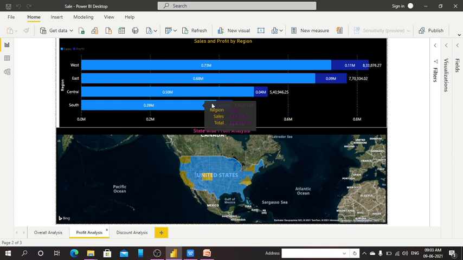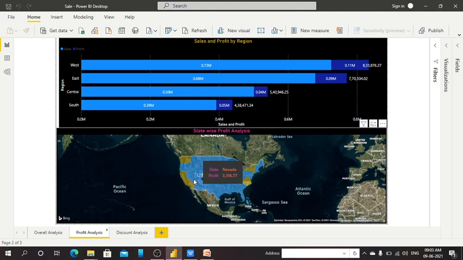And next I have done a state-wise profit analysis. New York and California are doing pretty well, and Colorado is not doing well.